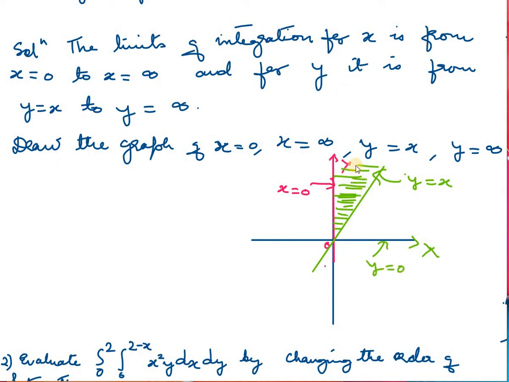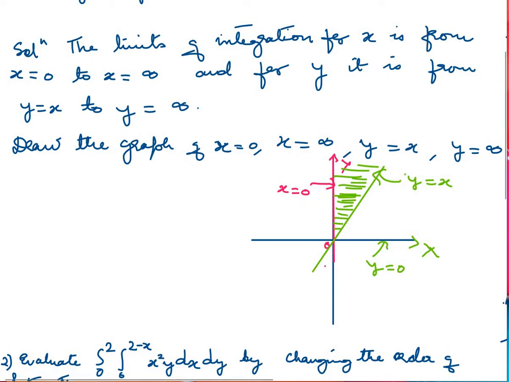So let us find the new limits of integration for this region, which is bounded by x is equal to 0, x is equal to infinity, y is equal to x, y is equal to infinity. So now you see that here it is bounded by the line y is equal to 0. That means y varies from 0 to infinity. And x here will be from left to right, so x is equal to 0 to x is equal to y. So that will be the new limits of integration.